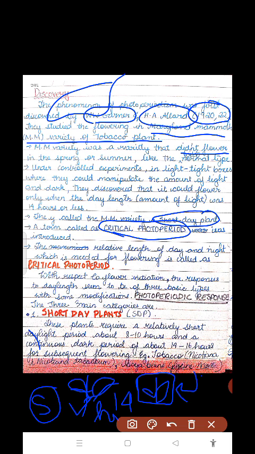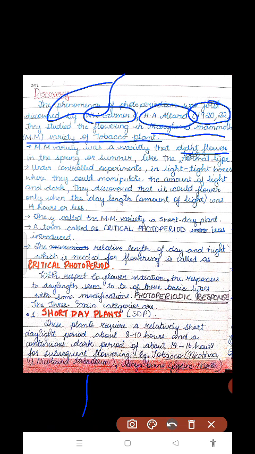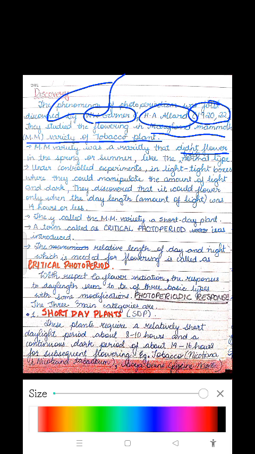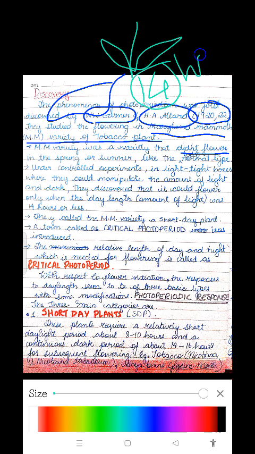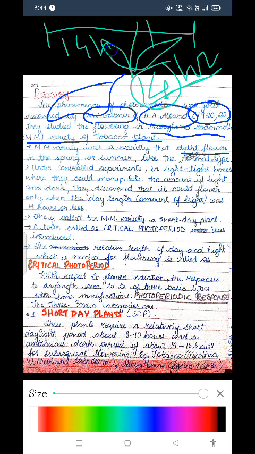Now, what do you mean by the critical photoperiod? Like I said here, we were talking about the Maryland mammoth species of tobacco. This species is not able to flower if you give it more than 14 hours of light. That means in a day out of 24 hours, 14 hours of the day should be daylight, and the rest should be 10 hours of night.